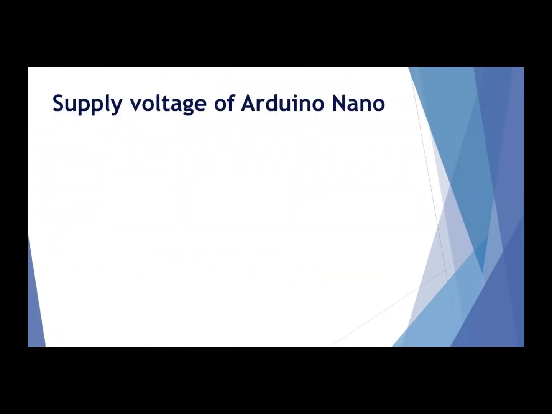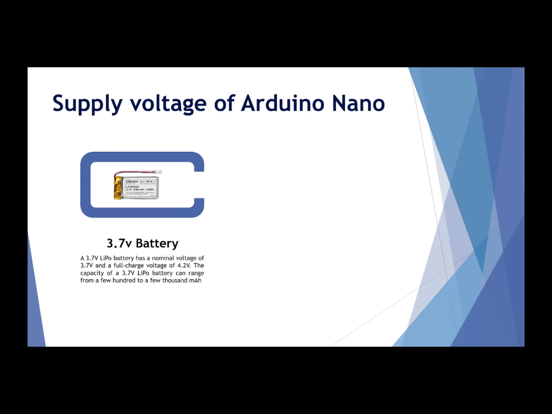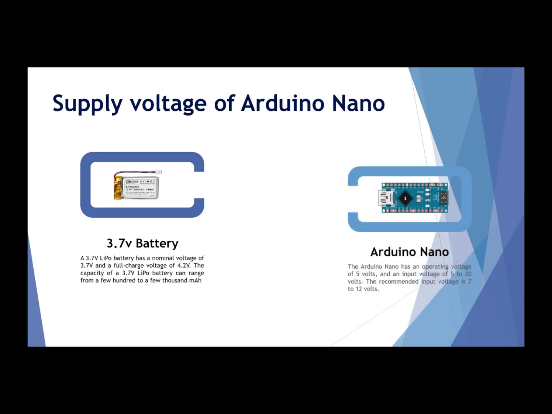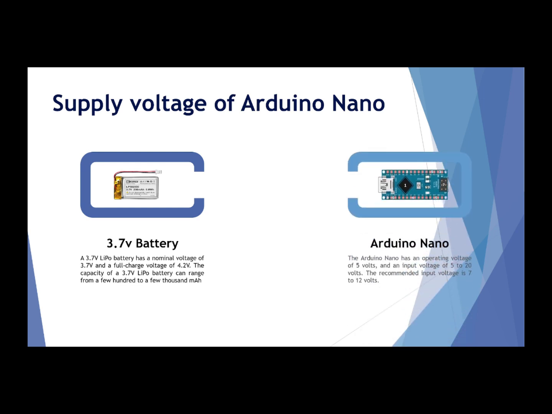Now another problem arrived. We have selected the Arduino, we have selected the battery, and we cannot increase the battery size because portability was a factor. The battery that we have selected is 3.7 volt, and at full charge it can provide a maximum of 4.2 volt. But after some research I came to know that our Arduino Nano can run from 7 volt to 12 volt. That means the power supply that we should provide to the Arduino Nano for an efficient run is 7 volt to 12 volt, and it's highly recommended to give 9 volt.